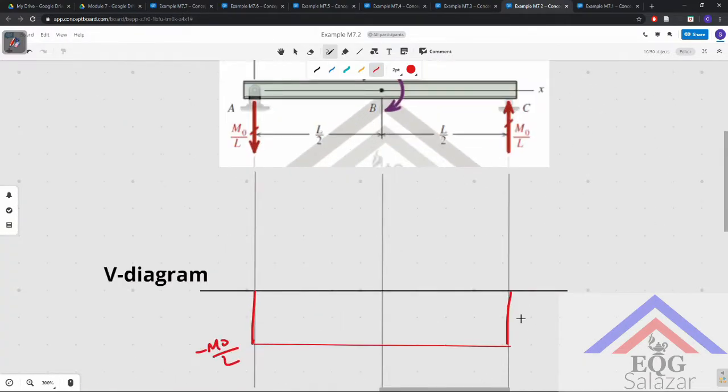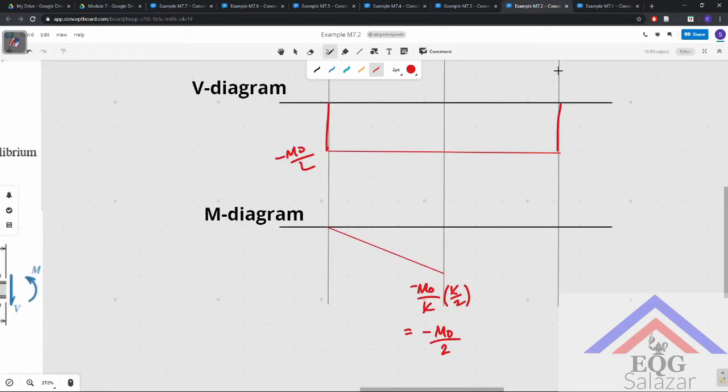Take note also that this goes up and terminates at 0, because it goes up with the addition of the reaction force at C. We talked about that in the previous example, that a concentrated load will warrant a jump or discontinuity at the point where the concentrated load is located, by a magnitude equal to the magnitude of the concentrated load.